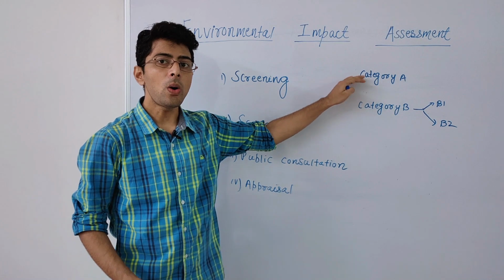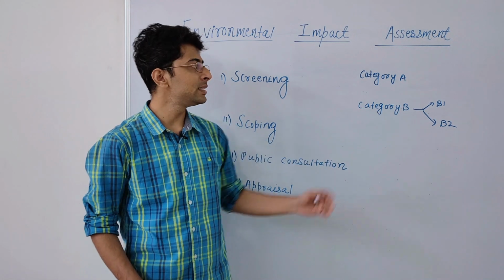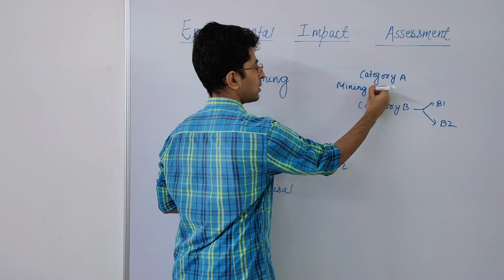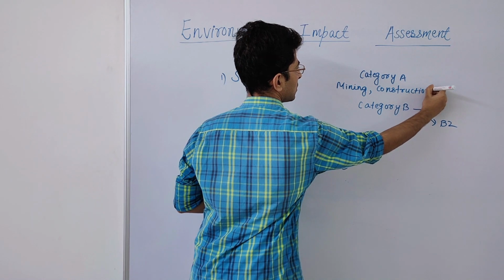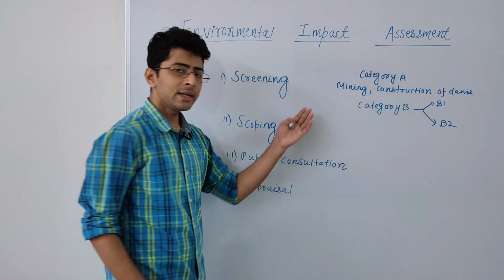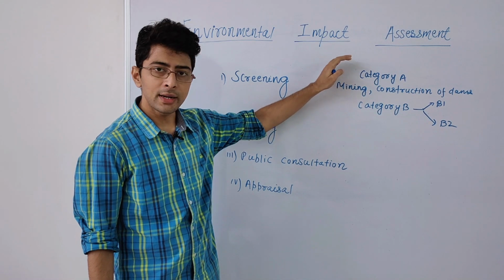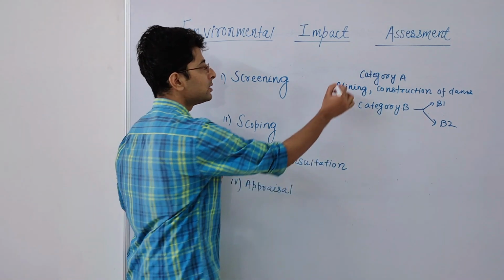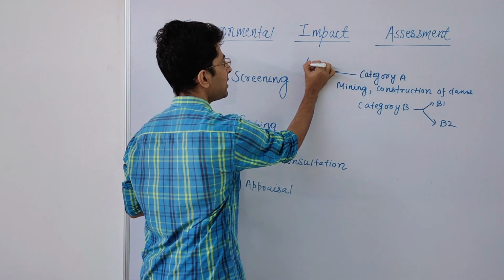In category A, all these projects which will have greater impact on environment, such as mining, construction of dams, and similar kind of projects are under category A. For all the projects which are under category A, environmental impact assessment is mandatory.